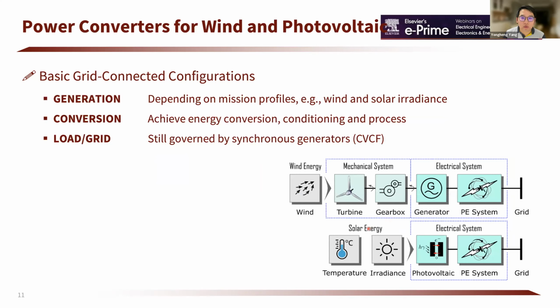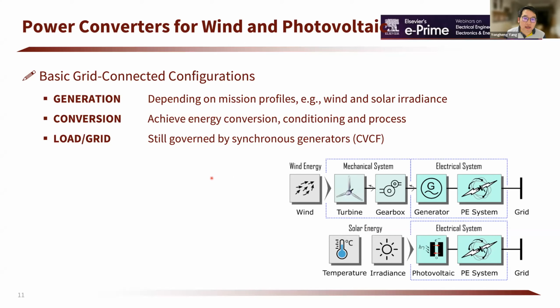Then we will walk through how we can use power converters to condense wind and solar PV systems. In terms of wind power generation systems, this slide basically shows the general structure of wind conversion systems.